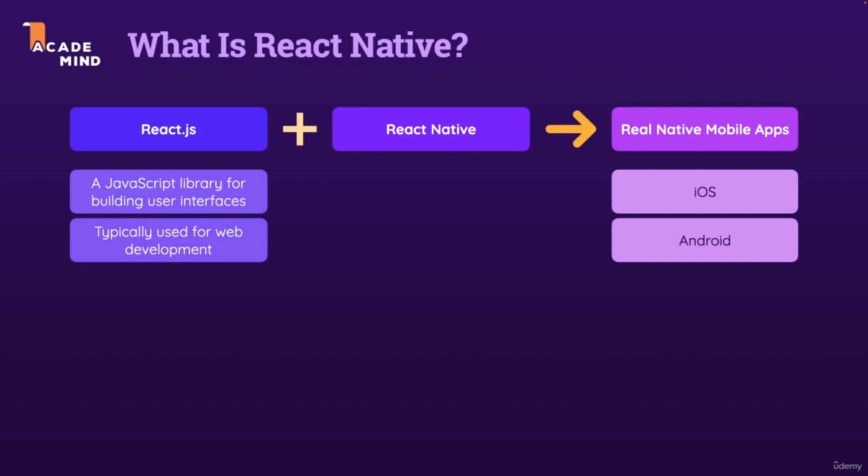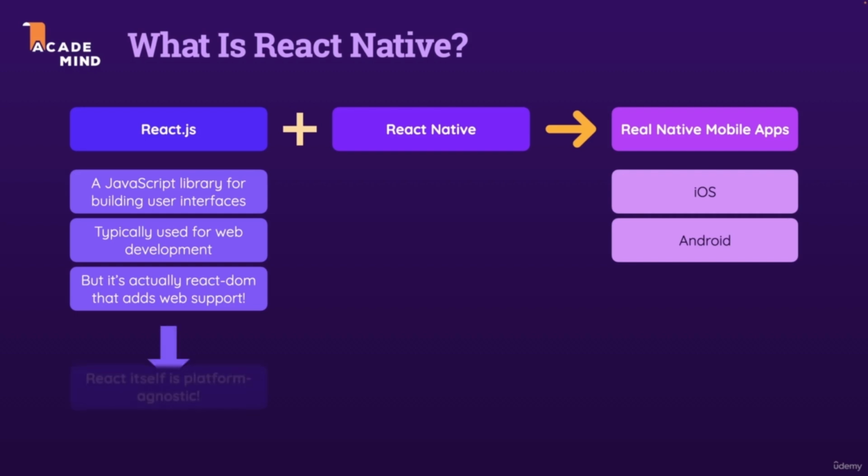But actually, if you worked with React.js, you might know that it's actually another library, the React DOM library, that adds the actual web support. Because React itself, the library React itself without React DOM, is platform agnostic. Which means you can use React in conjunction with React DOM to build web apps, but React, the library itself, actually does not care about the underlying platform.